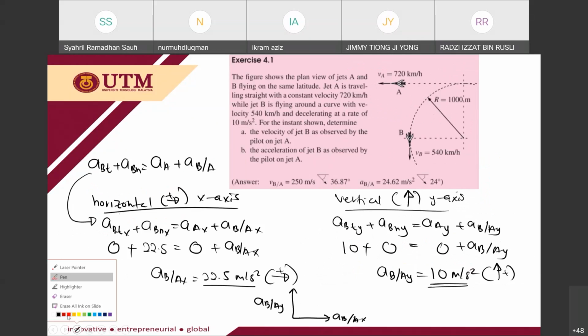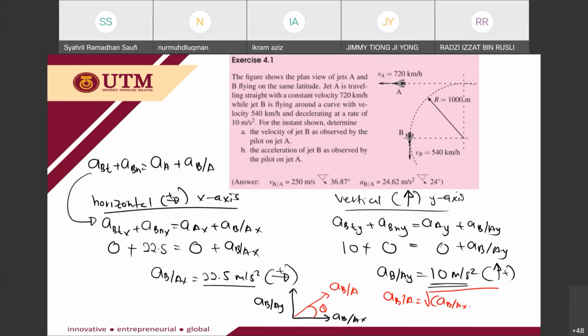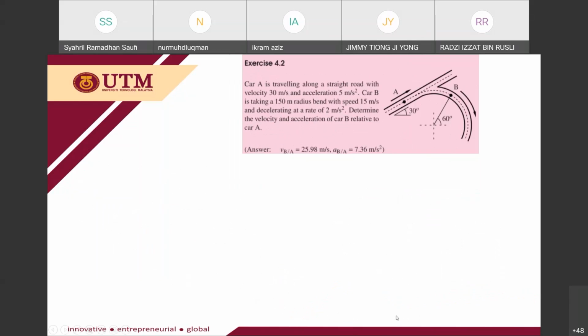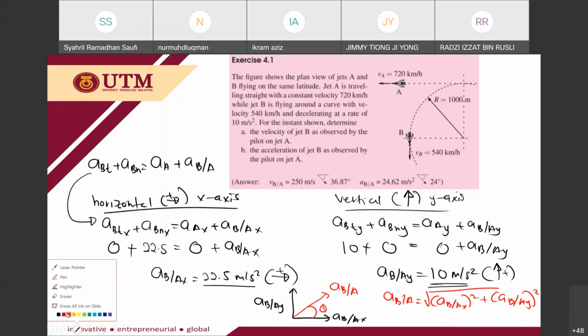All right, and then you need to determine what the acceleration of B relative to A and theta would be. So acceleration of B relative to A is equal to the square root of acceleration of B relative to A x squared plus acceleration of B relative to A y squared, and then you get your magnitude. Sir, so the answer given is wrong, right, for the angle?